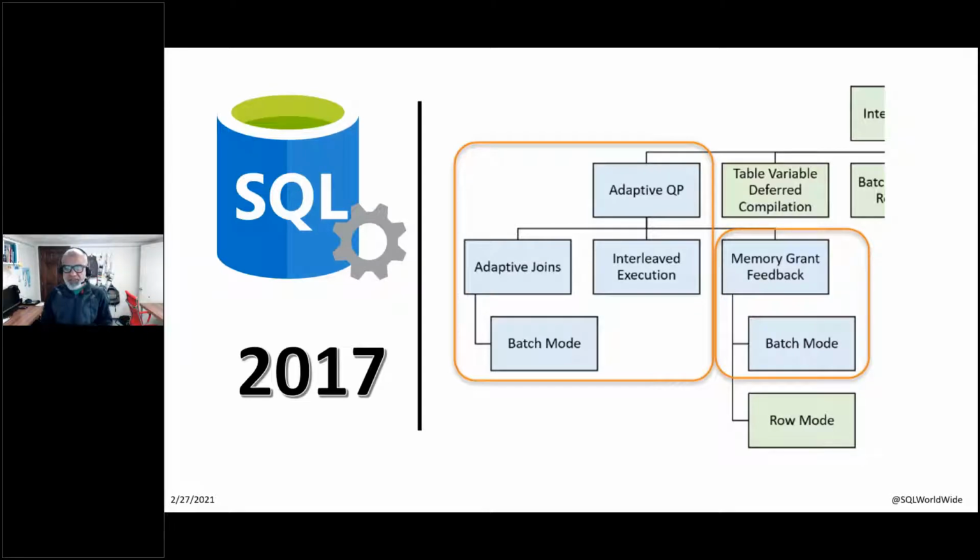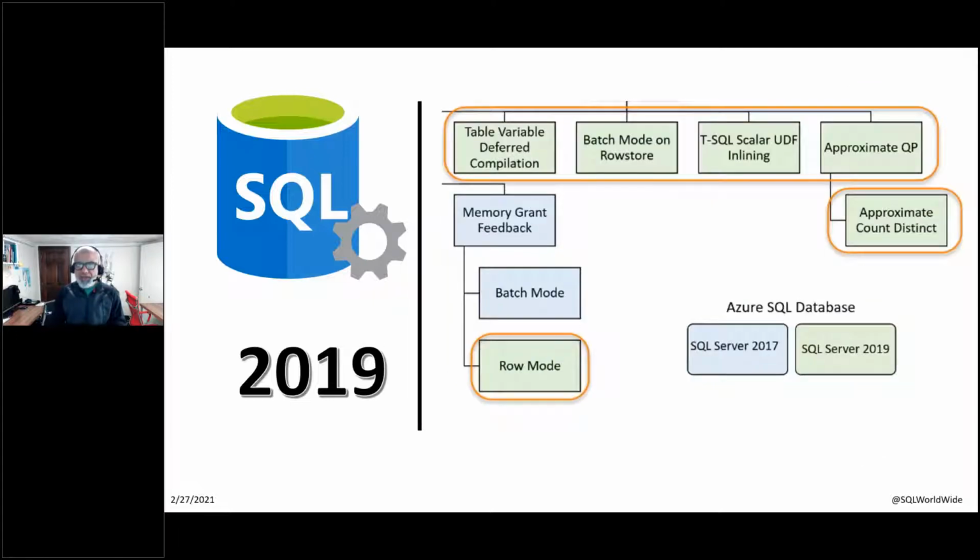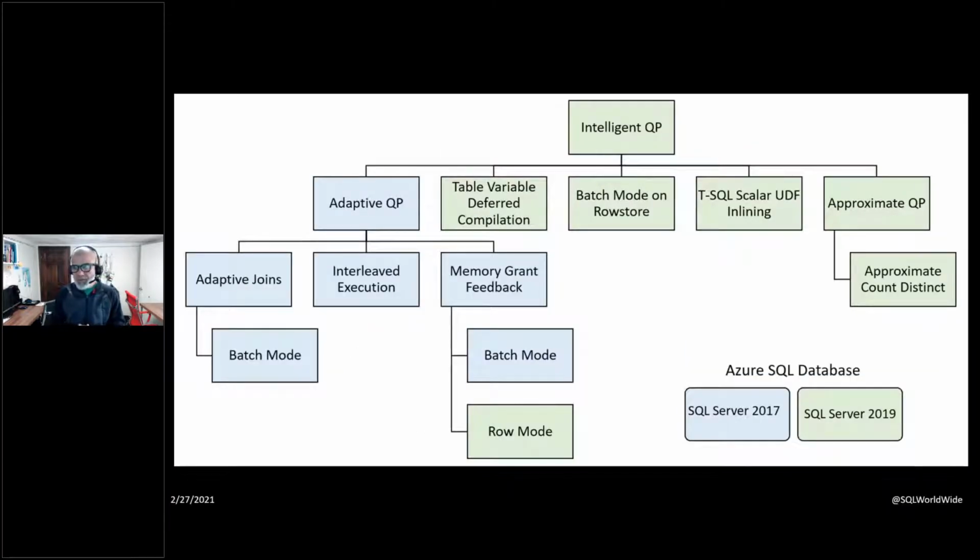The ones I circled with the orange square are the features that were released with SQL Server 2017, and the ones you now see in green were released in 2019. The whole set is now called the family of intelligent query processing. And this is going to expand, and I'll talk a little bit about what's in the pipeline for 2021, because Joe Sack and Pedro Lopez from this team at Microsoft talked about it during the past Summit last year. So I'll touch on that a little bit.